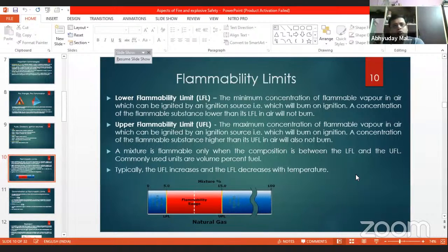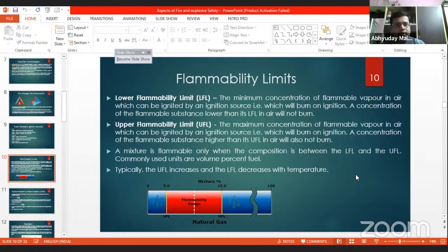Now, when we come to fire and flammability, there is a very important concept called flammability limit. If you have a fuel in a mixture with air or oxygen, and if you have an ignition source, it is not always that there will be fire. The fuel has to be present in a specified proportion with air or oxygen for fire to happen.